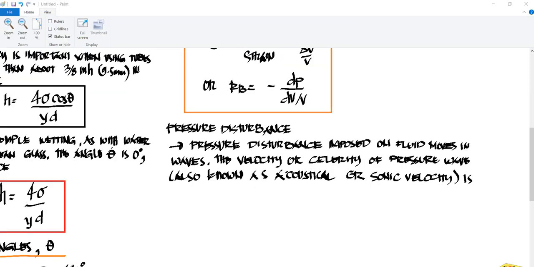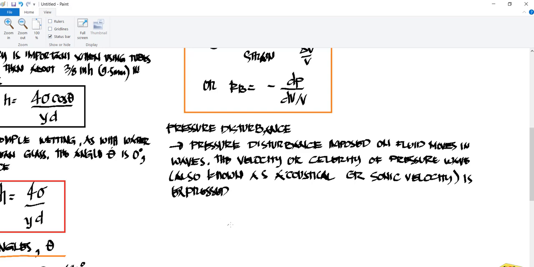Next we have the pressure disturbance. The pressure disturbance imposed on the fluid moves in waves. The velocity or celerity of the pressure waves, also known as the acoustical or sonic velocity, is expressed in this equation.